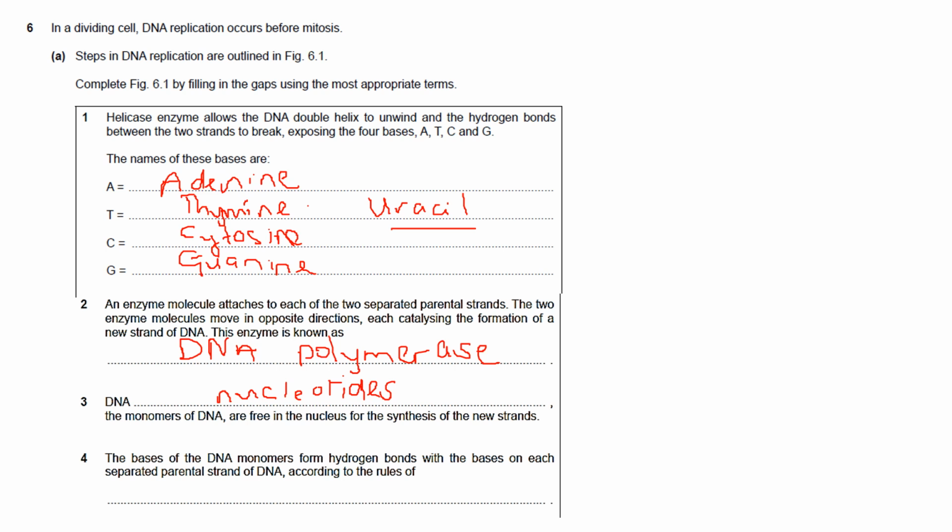So when they're speaking about this, they're basically saying A, for example, binds to T, and what causes that? It is complementary base pairing. Okay, so these bases that bind to each other are complementary. So complementary base pairing is the rule that guides the binding of DNA monomers, or DNA nucleotides in this case. All right.